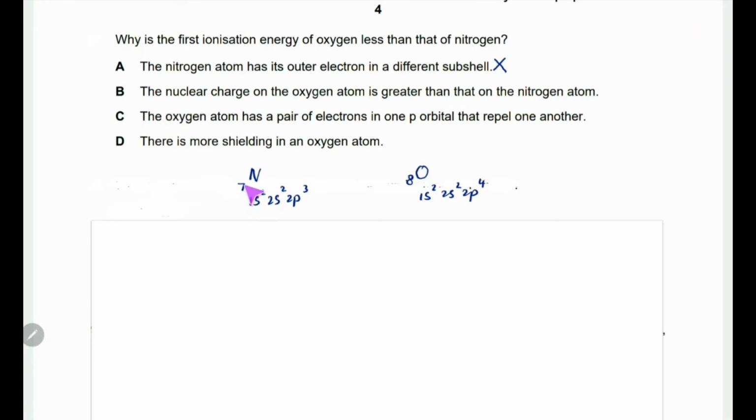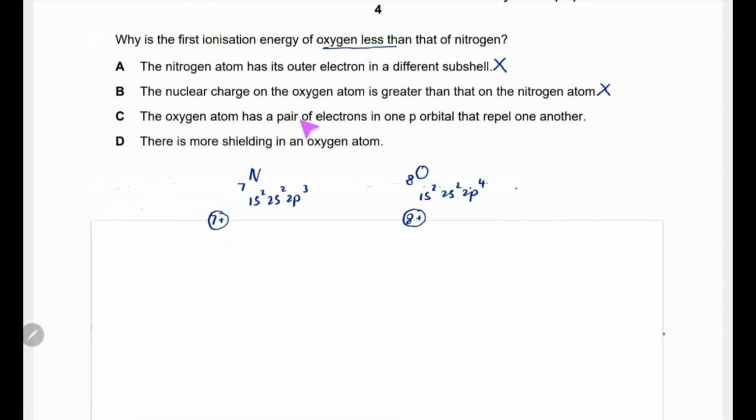There are 7 positive charges in the nucleus of nitrogen, and 8 positive charges in the nucleus of oxygen. So it is true that oxygen has greater nuclear charge, but nuclear charge is directly proportional to ionization energy. So oxygen's ionization energy must be higher than that of nitrogen, but it is not the case. Oxygen has less than that of nitrogen. So this point is not holding here.